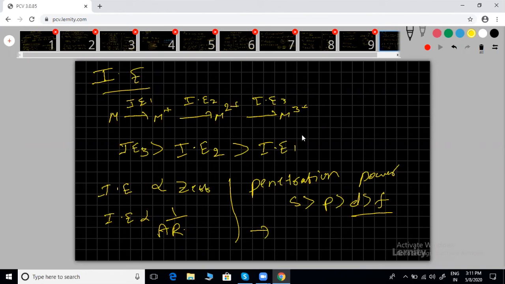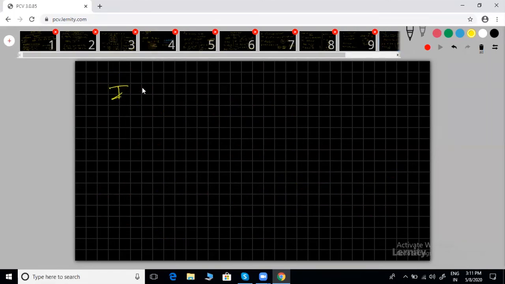Here most of the questions we are getting: write the first ionization energy order, second ionization energy order. And one more thing, ionization energy is directly proportional to half-filled or fully filled electronic configuration.